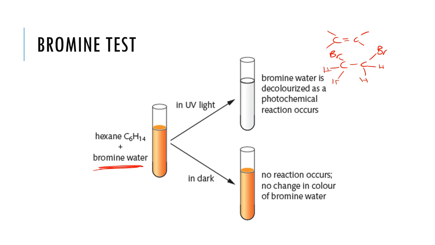The answer is yes, but only in UV light, because the alkanes need UV light in order to do the homolytic fission of the bromine. Without UV light, there's no energy to get this process started. So if we do it in the dark or out of the sunlight where there's no UV, we'll still get no reaction occurring with our alkane. So it's always a good one to check. IB will usually specify if the reaction is done in the dark or not.